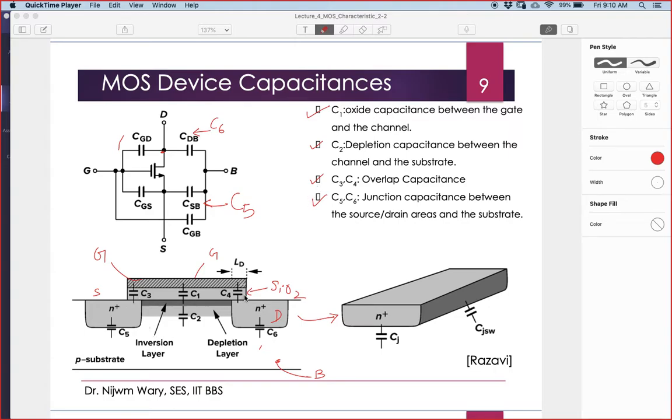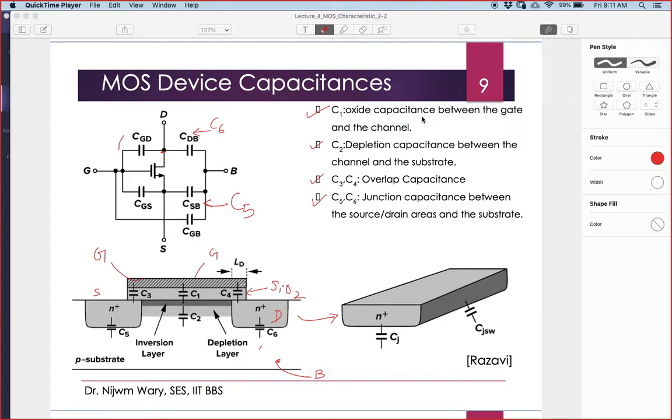Here we have seen that there is an overlap capacitance between the gate and the source, which is C3. Because there's an overlap between these two regions, there is this small capacitance C3, and there is an overlap capacitance between the gate and the drain, C4. Because of the formation of the channel, there will be a capacitance between the gate and the channel, which is C1.